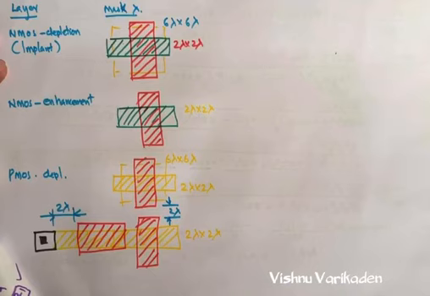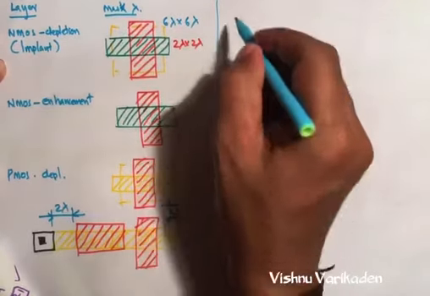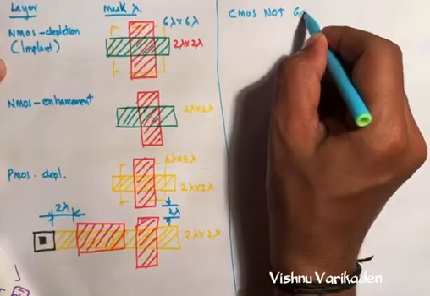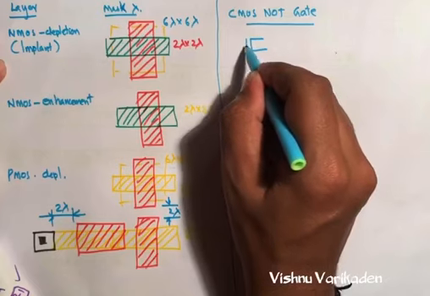So now we can make some more examples. We can start from the CMOS NOT gate. So CMOS NOT gate is like this.